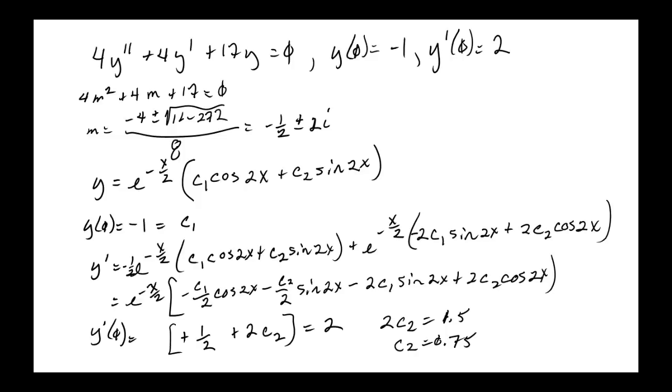So we go back into our original thing, and this will be e to the minus x over 2 times, I think I like to put the positive in front, so 3/4 sine 2x minus cosine 2x. All right. I'm sure they wrote it the other way: e to the minus x over 2, and they did the minus cosine 2x plus 3/4 sine 2x.